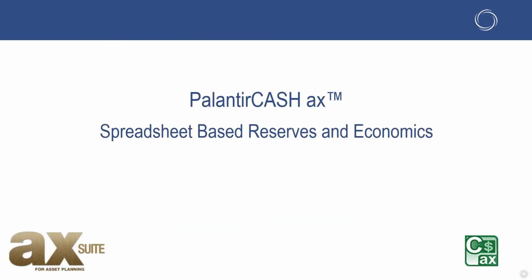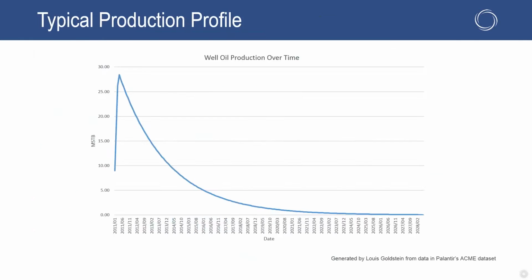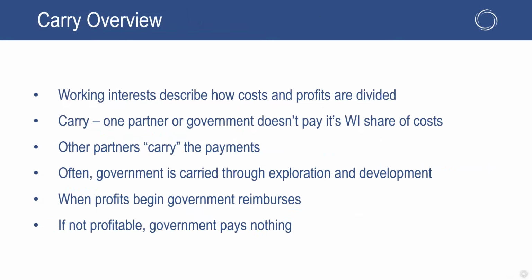So what I'll talk about next is carries. Carries are another thing that we can actually model in CASH-AX. So what do I mean by carries? Well, the working interests in general describe how costs and profits are divided.